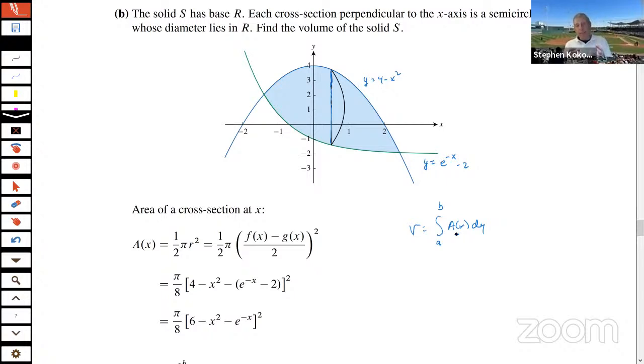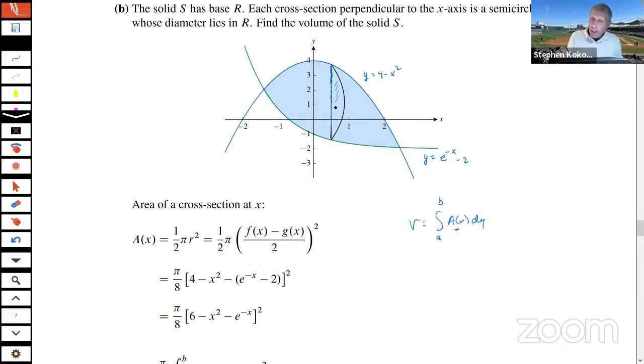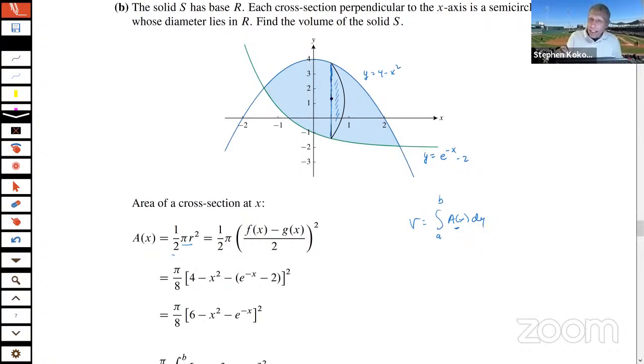So, all right, I'm going to start out just by trying to find an expression for that cross section at X. So the cross-sectional area would be half the area of a circle. So there's the 1/2 pi r squared. So I have to think about, well, what's the radius? So the radius is roughly this distance. It's half the diameter. Can we figure out the diameter?